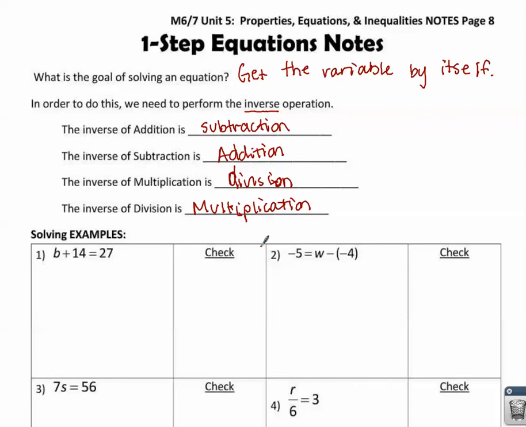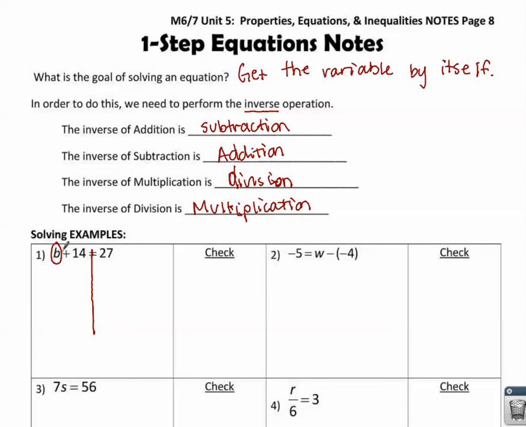So let's look at the first two problems. b plus 14 equals 27. The first thing that you want to do is draw a line down from the equal sign. This is very important. It separates the equation into two sides. b plus 14. So here's your variable, b.